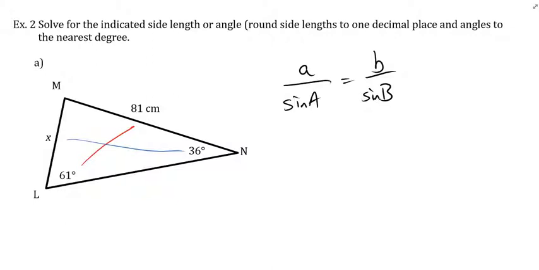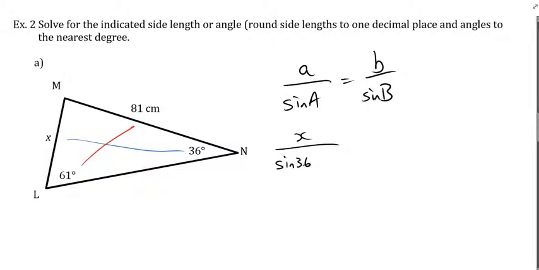So once you get this stuff, and if you can remember to think about it, pick the right version so you get x on top. Right? It's that easy. And then I start subbing in. So I'm going to start with x so that my x is on the left, because why not? And across from the x is 36, so sine 36. Again, I'm always thinking about these little things as I'm doing this.